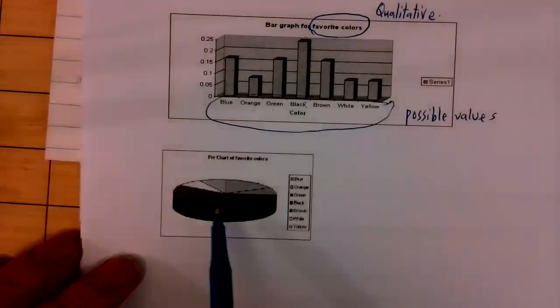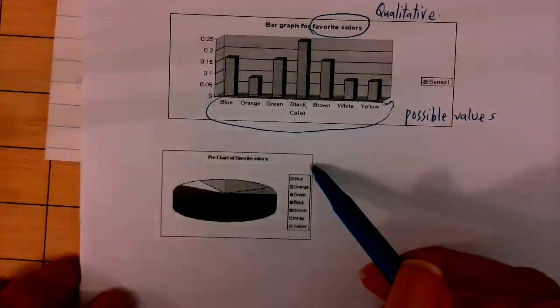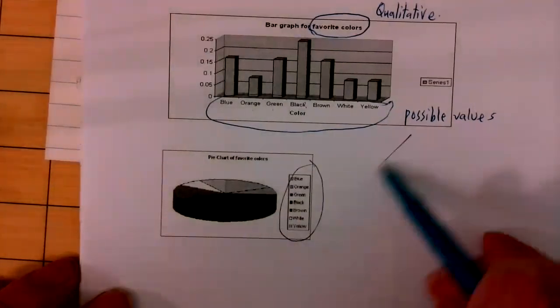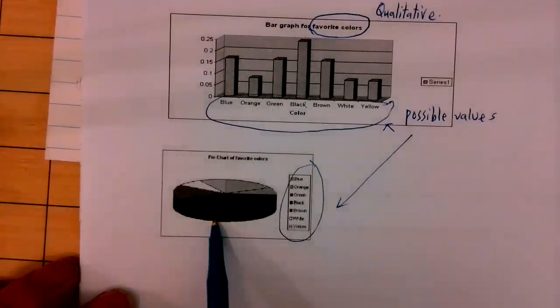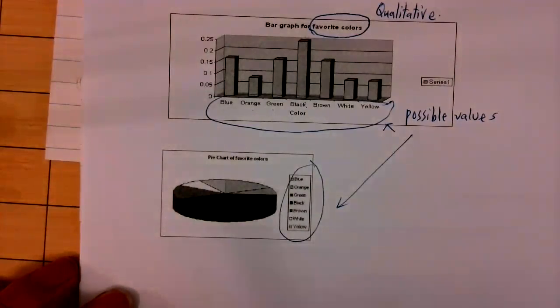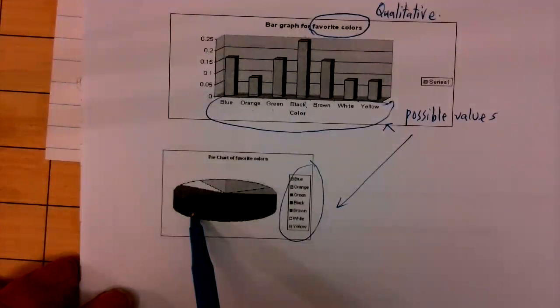Now, same thing for the pie chart. This is called a pie chart. These are the possible values. If you ask the same question, which color do you expect to see more often? You say what? Black, because the black has the largest chunk in the pie chart, okay?